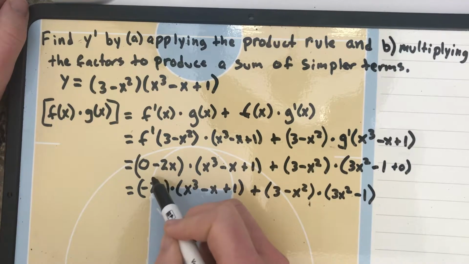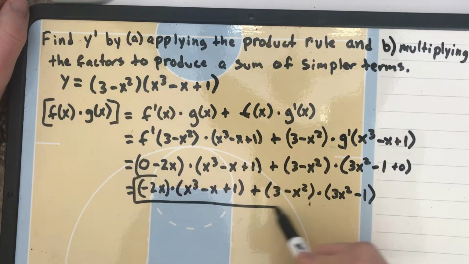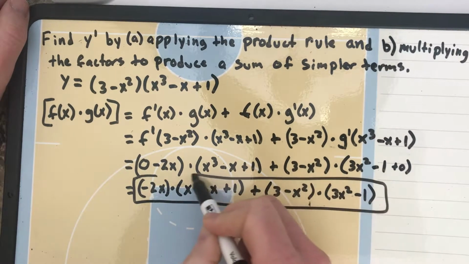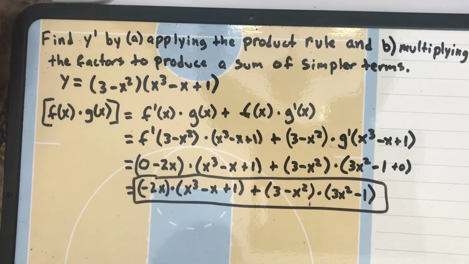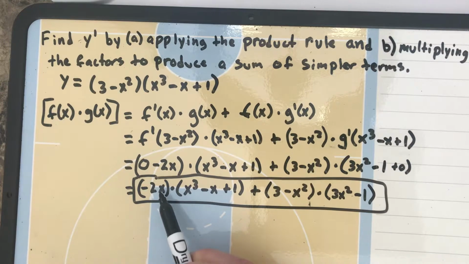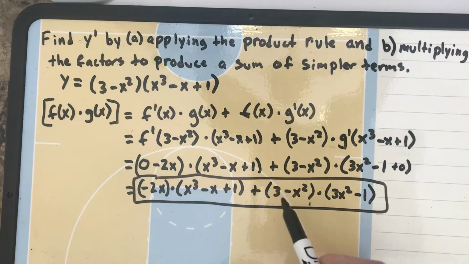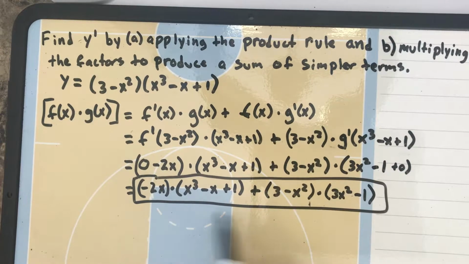And this is the derivative using the product rule of this first function here. Now you could obviously simplify this out by distributing this through and doing other things like that, but we don't actually have to do this for this first problem. We can just leave it like this.